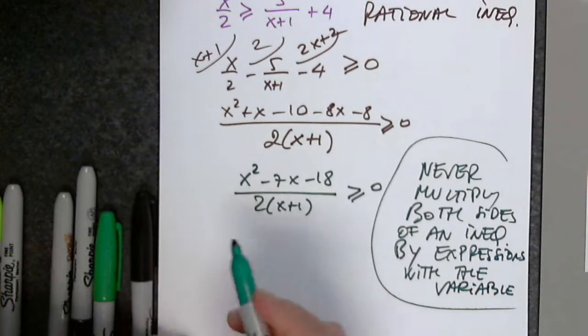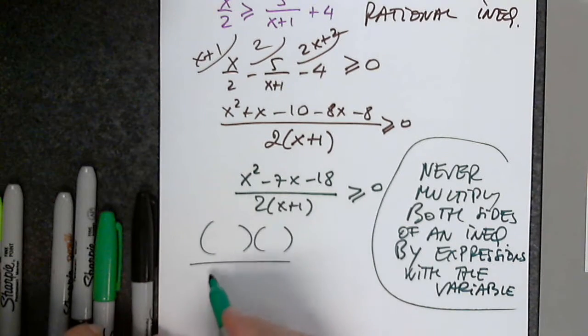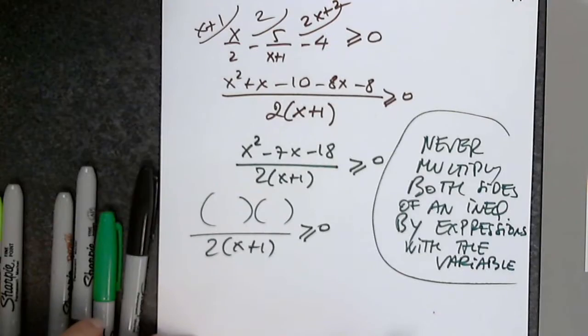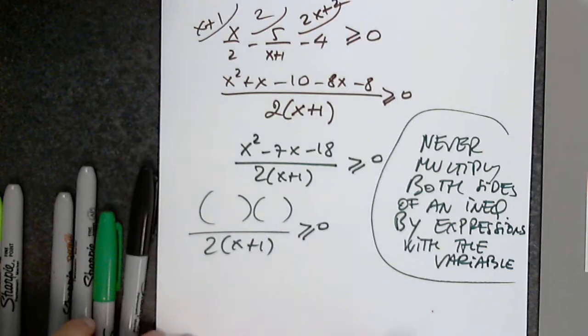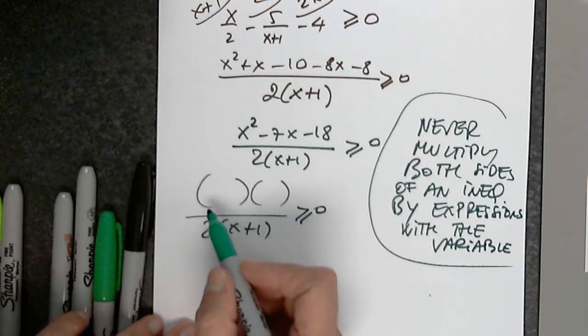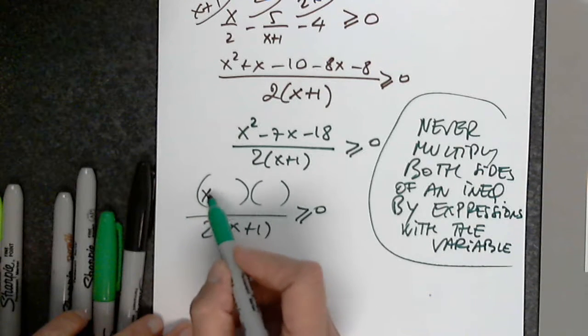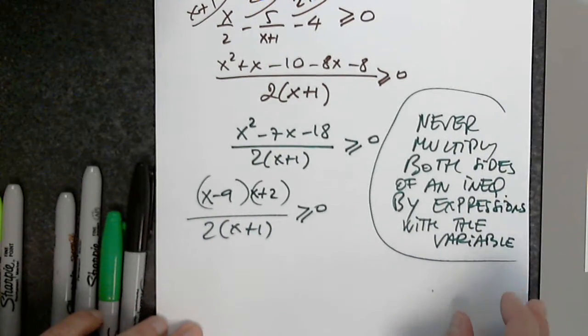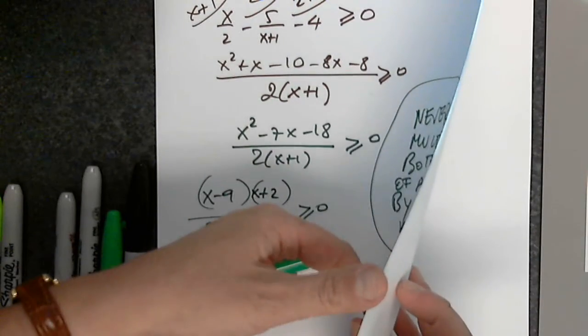With a factor. I have to factor the top, which is x minus 9 times x plus 2. Excellent. And now I'm ready to do what? Set up the chart.